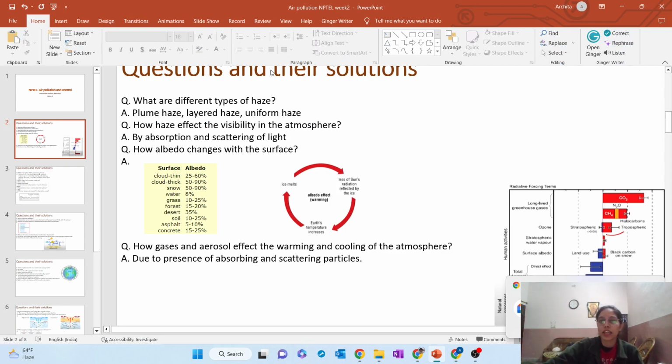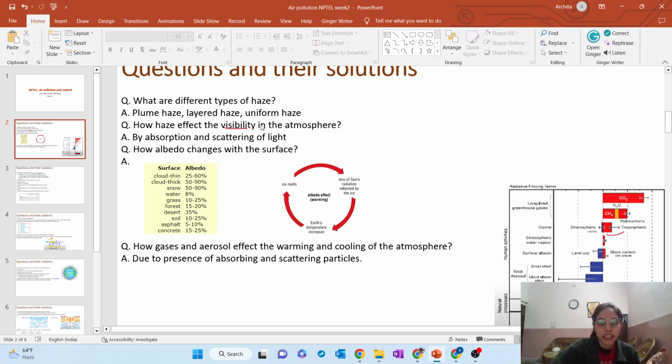Visibility is when in the atmosphere we see, especially this phenomenon we can see in Delhi, because the air is so polluted that we cannot see anything clearly, not even the number plate of the car in front of us. So visibility is when the contrast between objects becomes low, and to identify an object becomes very difficult. Right.